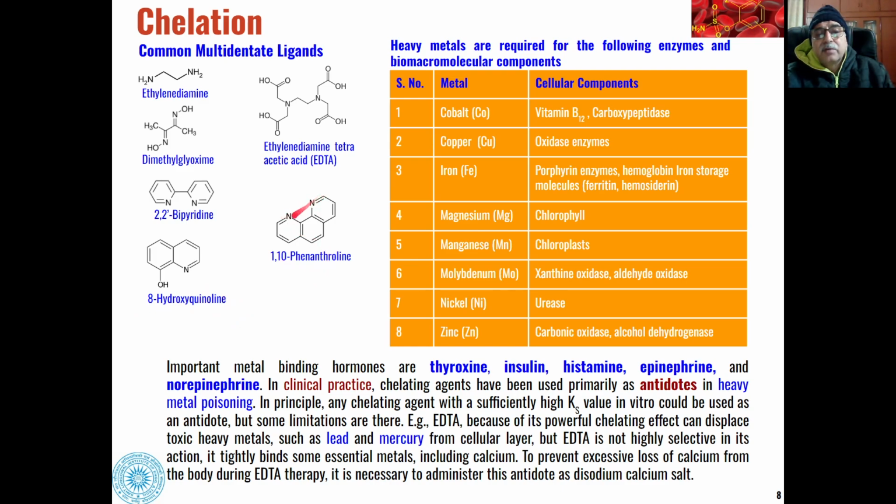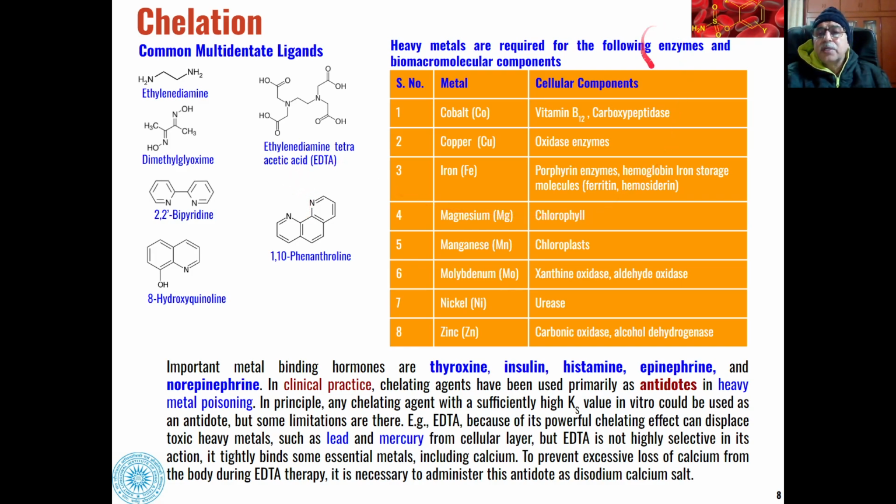This can have these two nitrogens having lone pair of electrons acting as ligands. Then ethylene diamine tetraacetic acid is a very good complexing agent. This can form a complex with bivalent metal ions very easily.